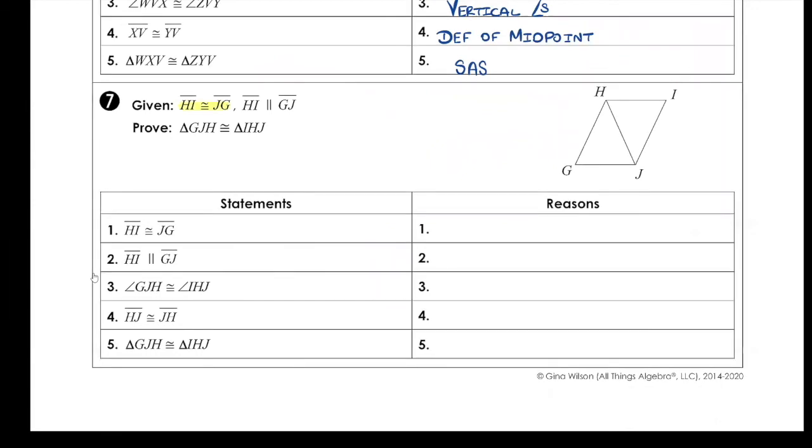HI is congruent to JG. It will make them parallel, but you don't know why yet. But we'll learn it. Oh, they told us it was parallel. It is also parallel.